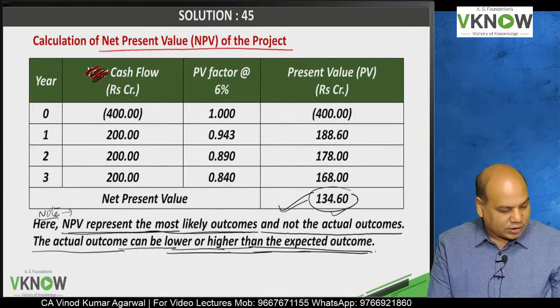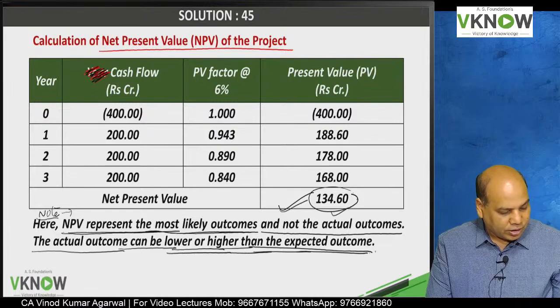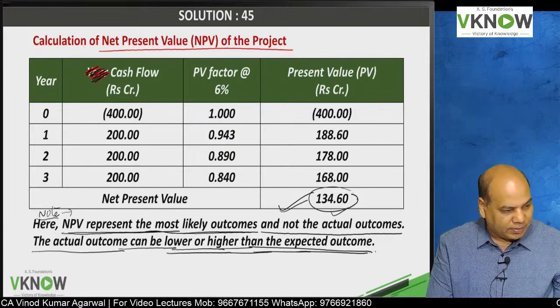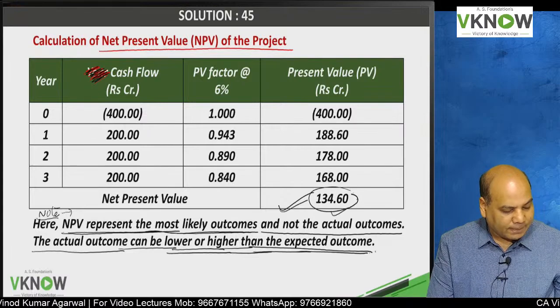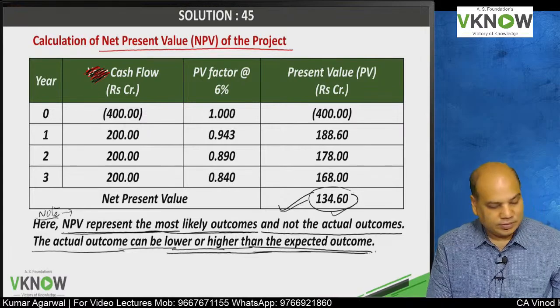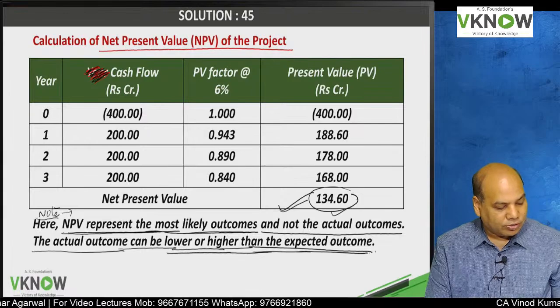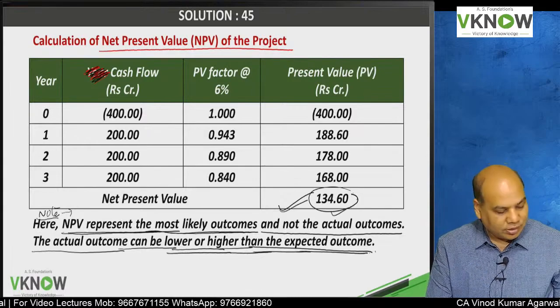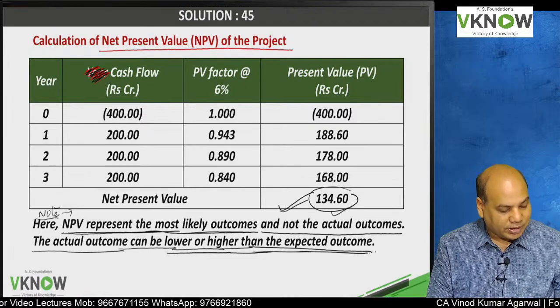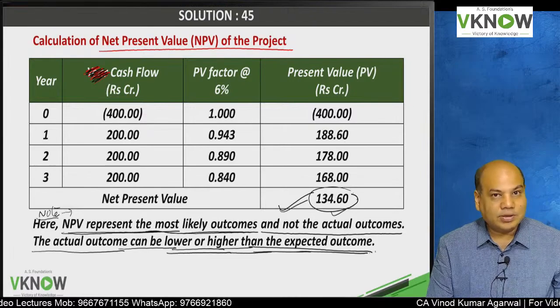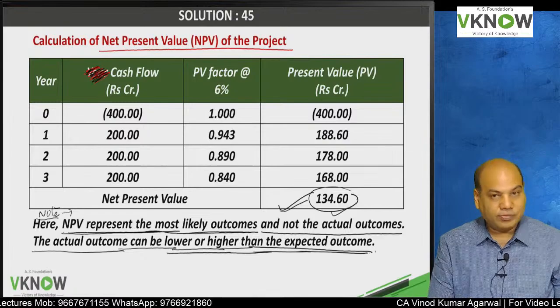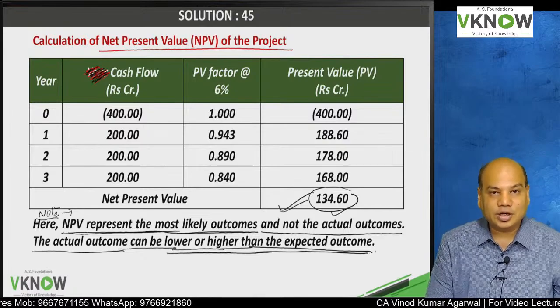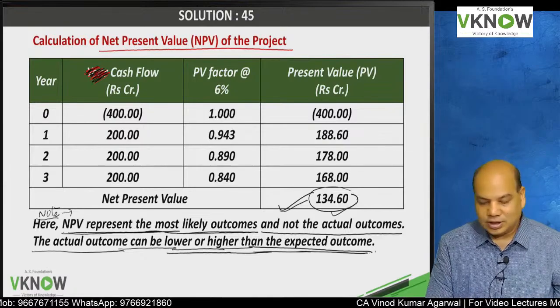Now we have to do sensitivity testing by changing variables adversely by 2.5%. Adversely means in case of initial capital cost, it may increase. In case of sales quantity, it may decrease. In case of selling price, it can decrease. In case of variable cost, it can increase. In case of fixed cost, it can increase.